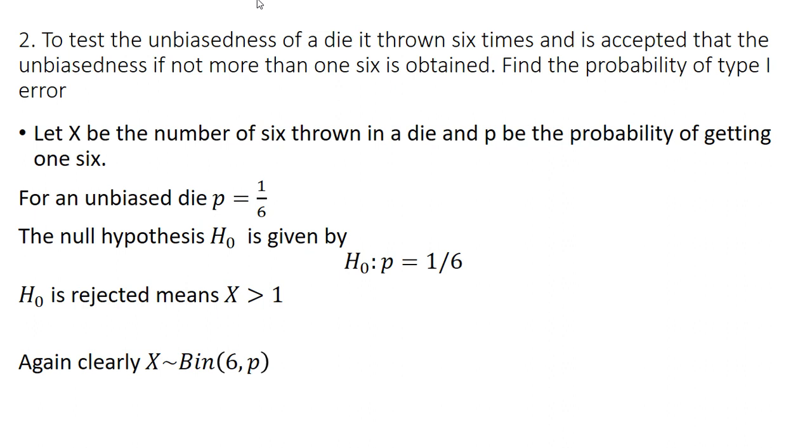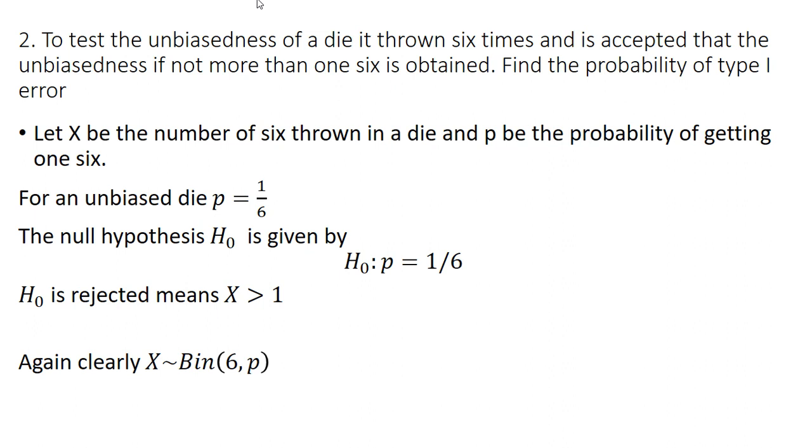In the solution, let x be the number of 6s thrown with a die and p be the probability of getting a 6. Whatever it is, it may be 6, 5, 1, or 2, the probability of getting 6 will be 1/6 since it is unbiased. So for an unbiased die, p will be 1/6.